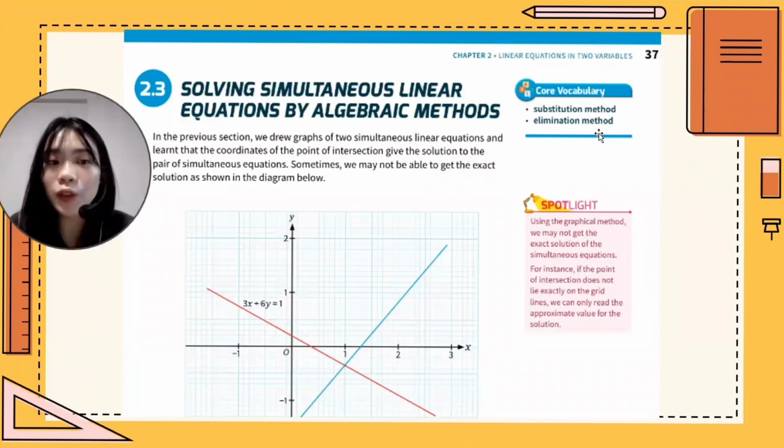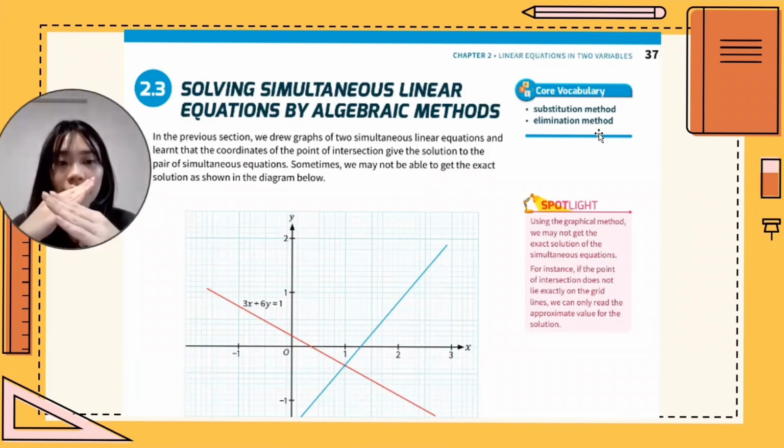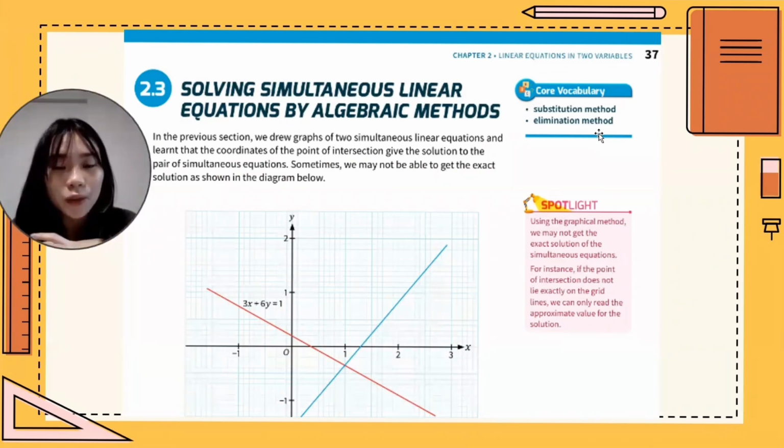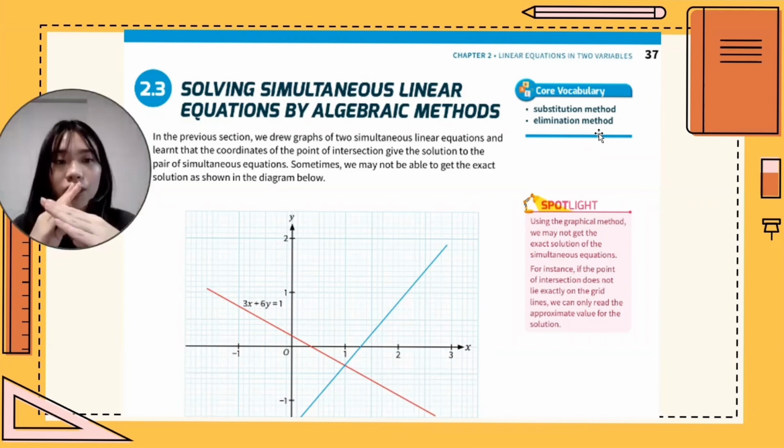To make the link between solving graphically as well as algebraically, you will see here that there are two lines. In the past few lessons, we've been talking about the two lines intersecting, which gives us a solution in x and y.